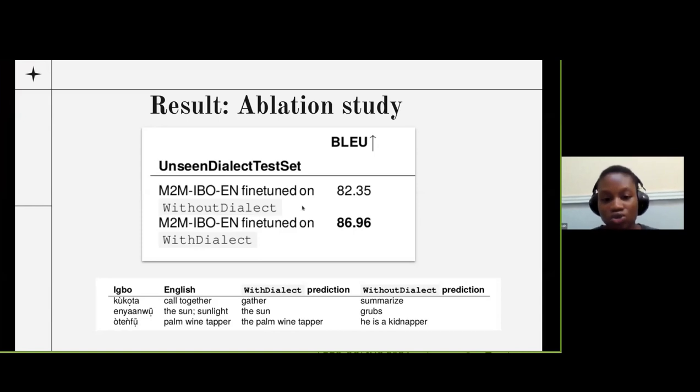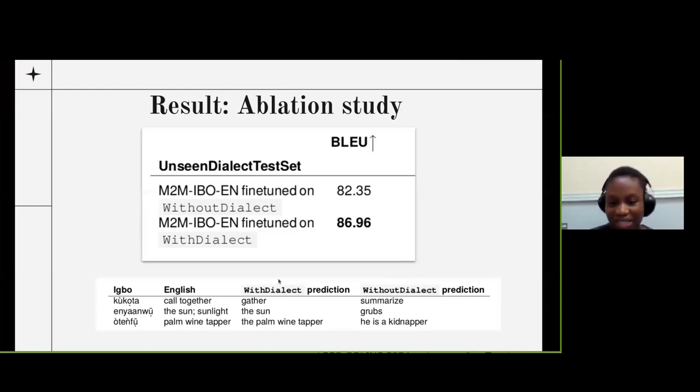And looking at the results, you will see that the fine-tuned model with the dialectal data set performs better than the ones without the dialect. You might say that the score might seem marginal. The BLEU score is marginal because it's just +4 BLEU score higher than the one without dialect.